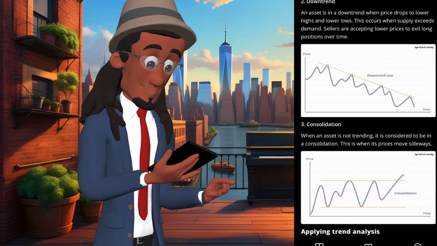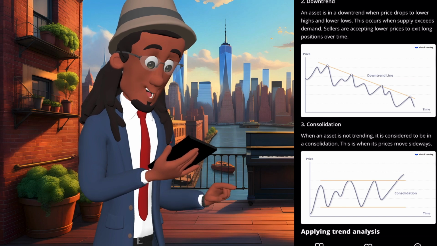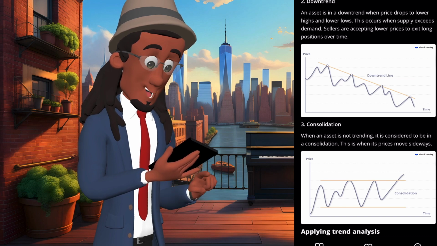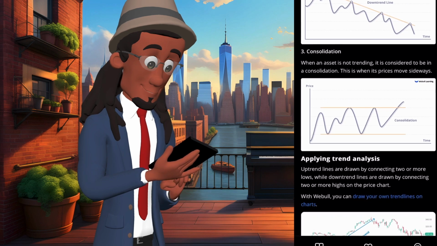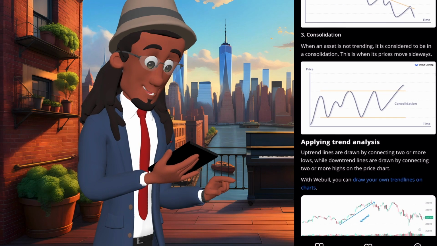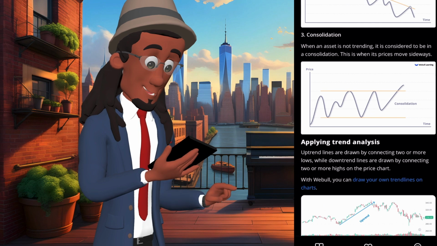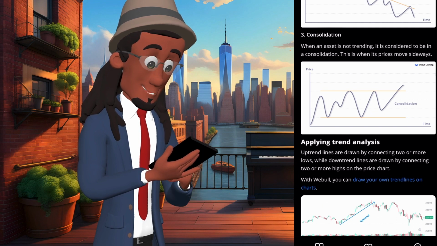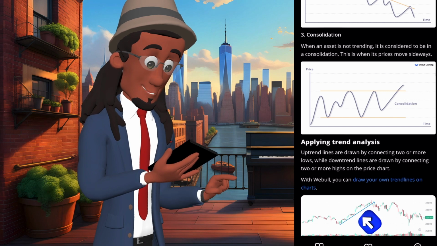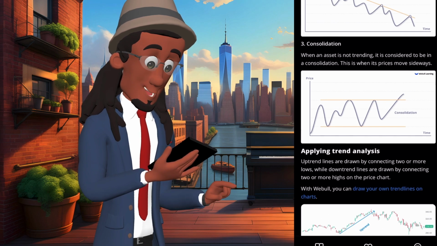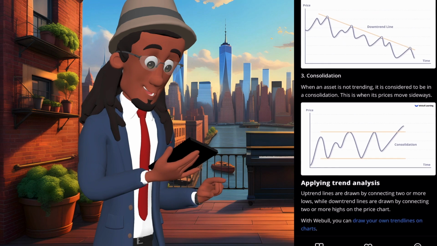All right, uptrend lines are drawn by connecting two or more lows, while downtrend lines are drawn by connecting two or more highs on the price chart. So you see, in the uptrend, we are connecting the lows. This is the floor, this is the support.